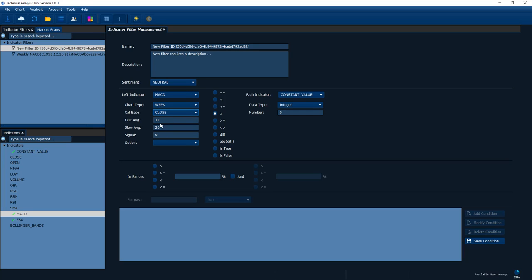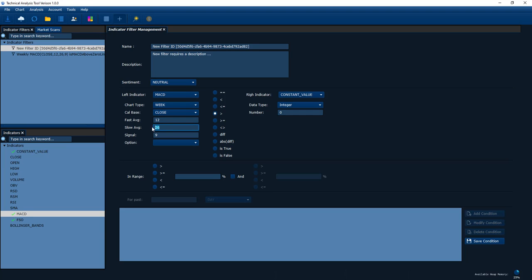And here are the three numbers. The first one is the fast average units, which reflects this faster EMA. How many units do you want to use to calculate the fast average? The default is 12. Next is the slow moving average unit number: how many units you want to use to calculate the slow EMA when you calculate the MACD?